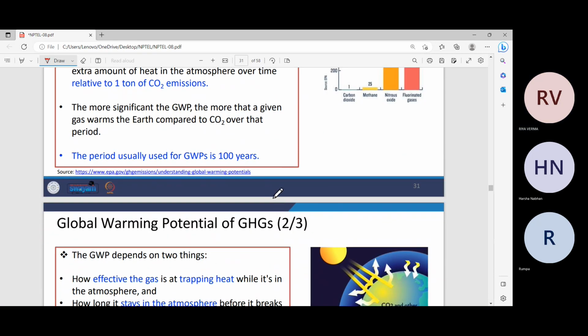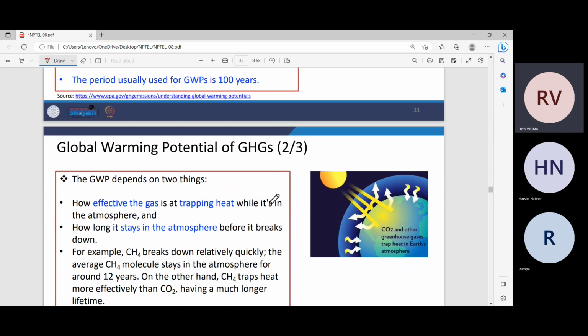So, on what factors does this global warming potential depend? Basically, it depends on two factors. First is how effective the gas is at trapping heat, how effectively the gas can trap the heat in itself while it is present in the atmosphere.